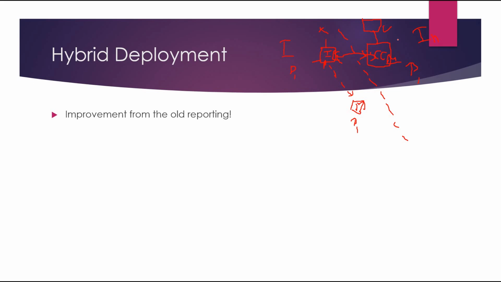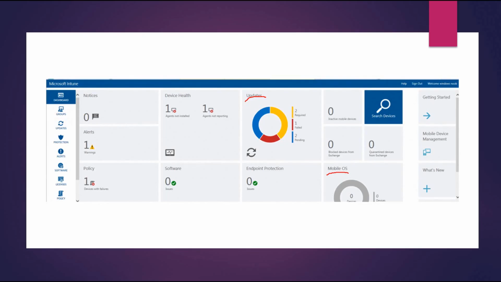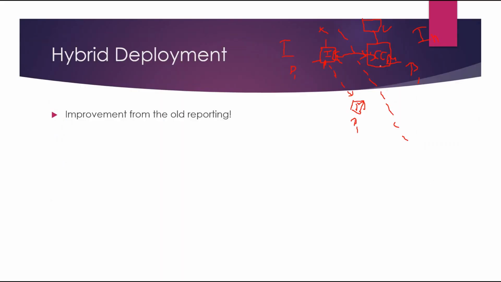Earlier, with the Silverlight console, all we got was the status of the inventory and the patch management. However, now since the devices and the policies are showing up over here as well, we can run the SCCM queries like we would normally in SCCM standalone, and we can get a much better report in this case.